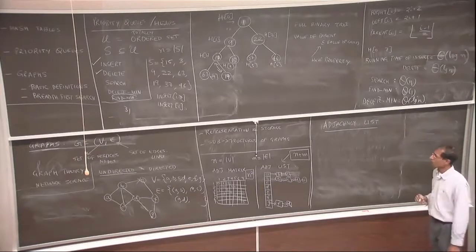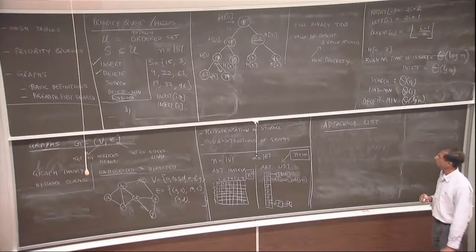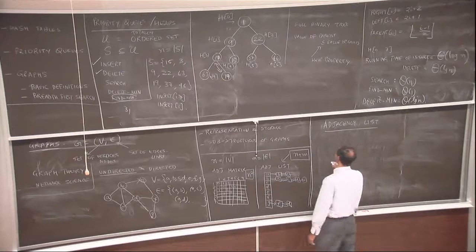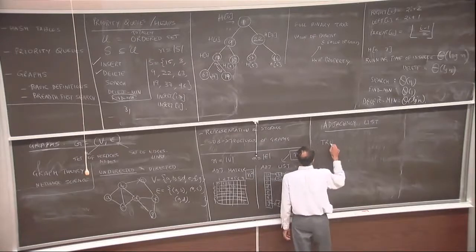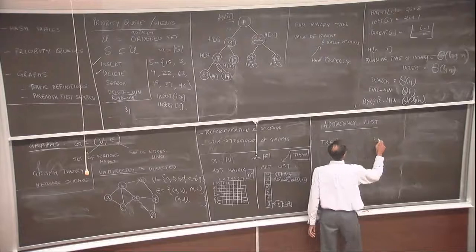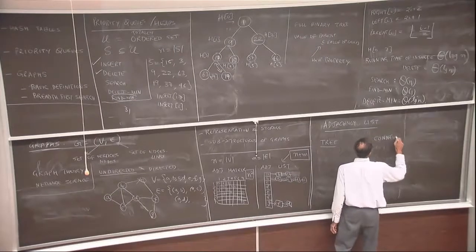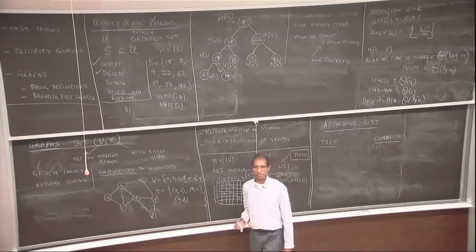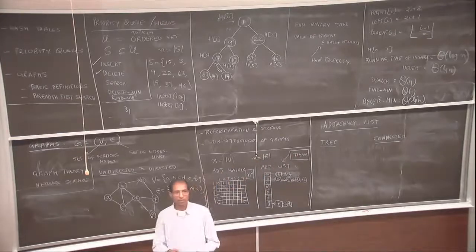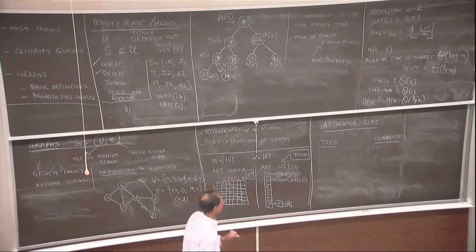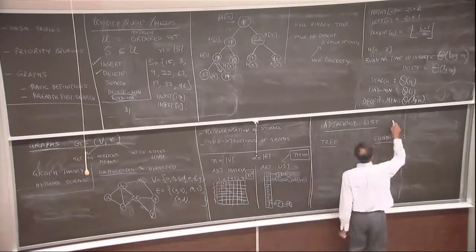Okay, good. So let me introduce a couple more notations or definitions. Something that we have implicitly seen already: the notion of a tree and the notion of a connected graph. We say that a graph is connected if there is a path between any two vertices. So let's focus our attention on undirected graphs.